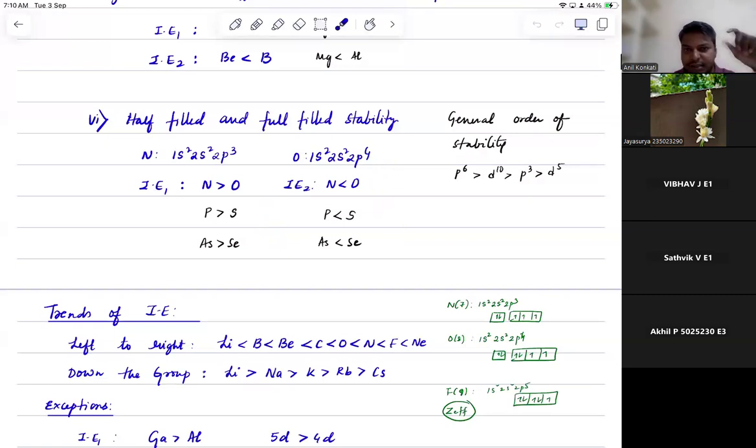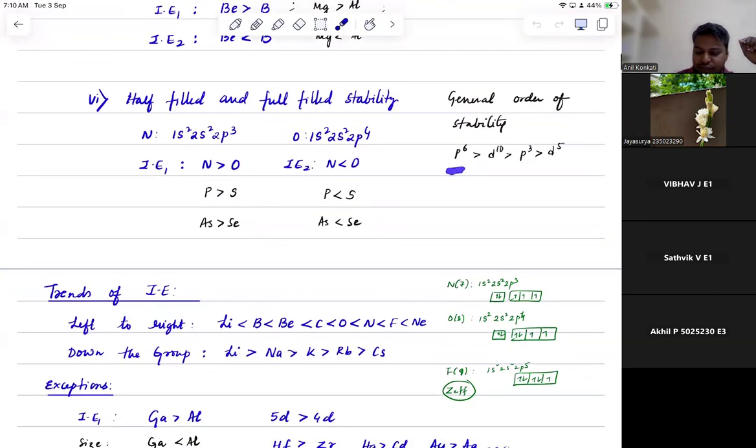This is another exception you will identify, and it is due to the half-filled stability. Usually p6 is the most stable state, then d10, then p3, then d5, then s2. This is the order in which you need to check the stabilities.